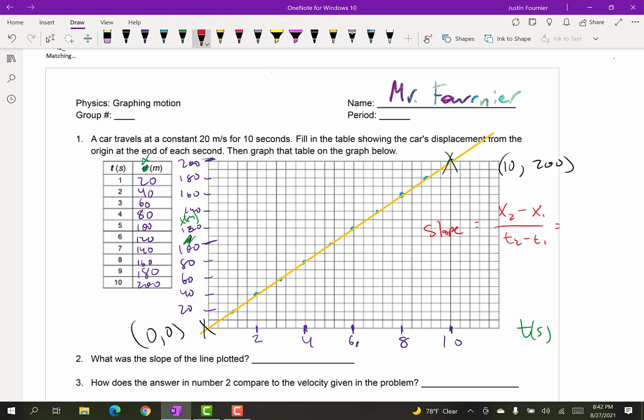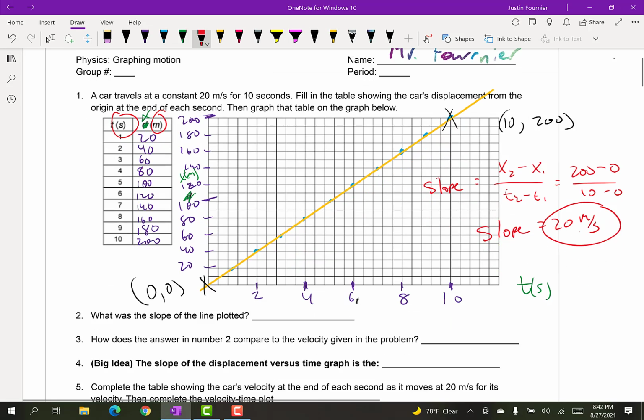That's 200 minus 0 divided by 10 minus 0. So 200 divided by 10, my slope is 20, and the units are meters per second.